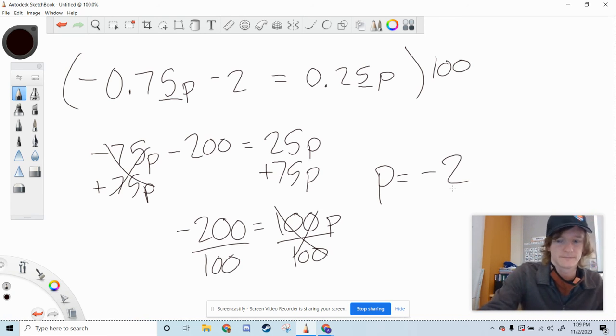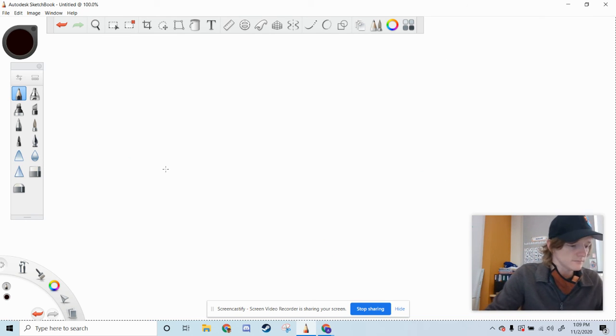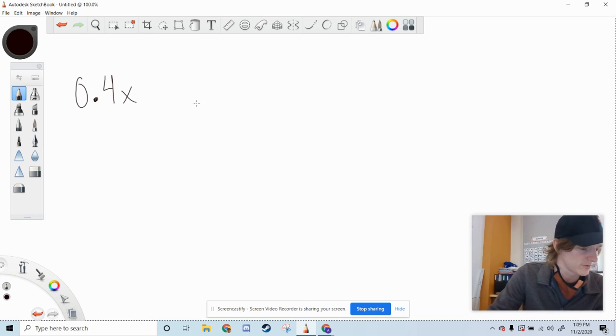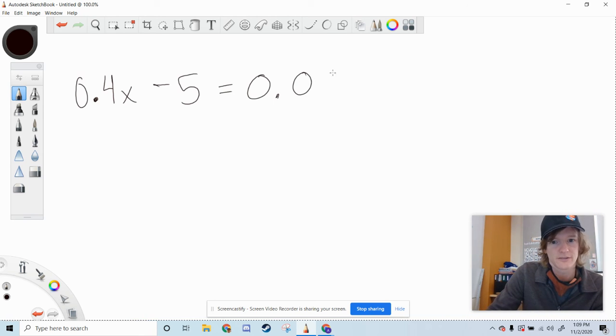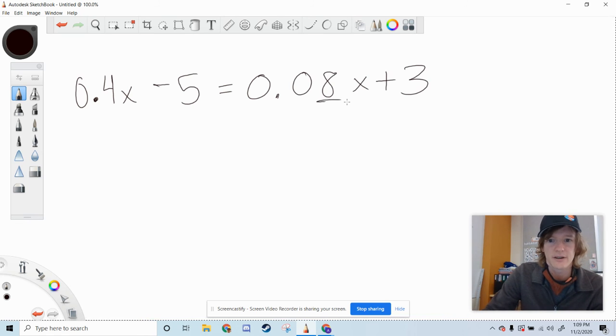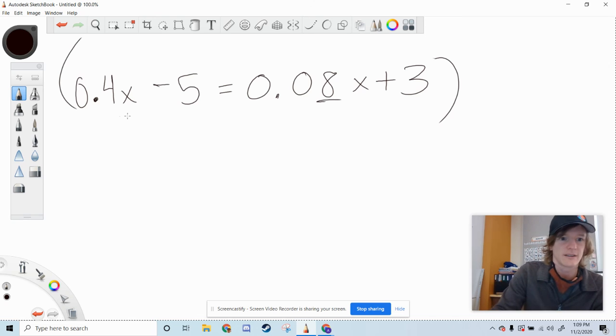Last one, 0.4x minus 5 equals 0.08x plus 3. I'm in the hundredths place here, so I'm going to have to multiply everything by 100.